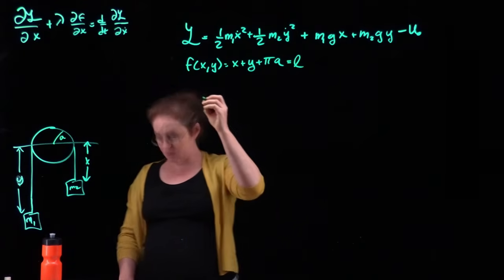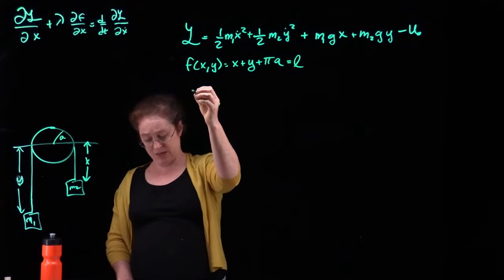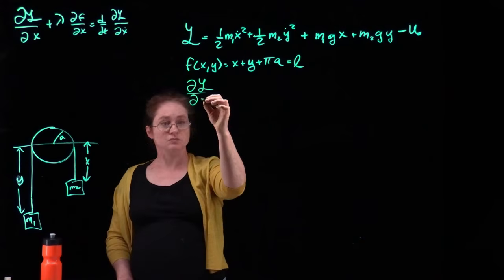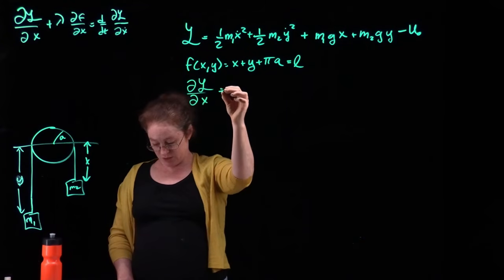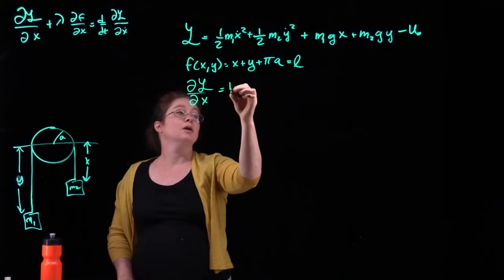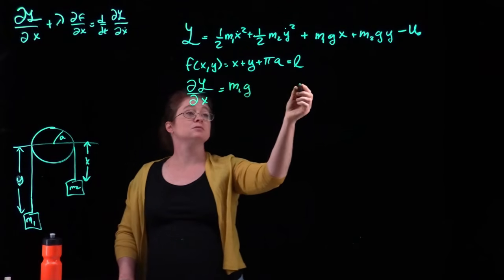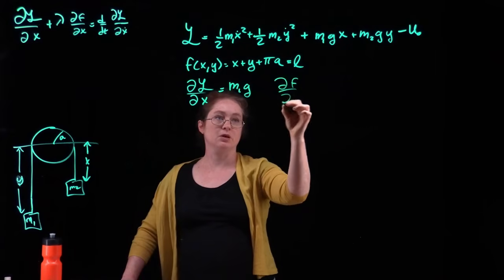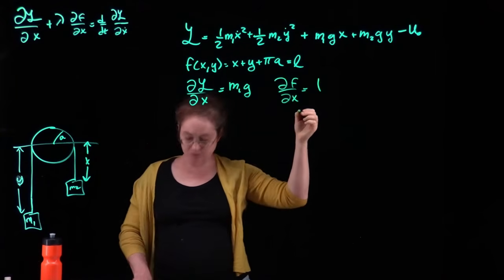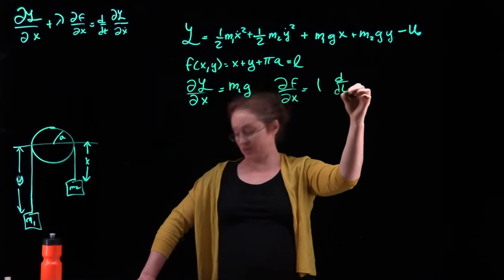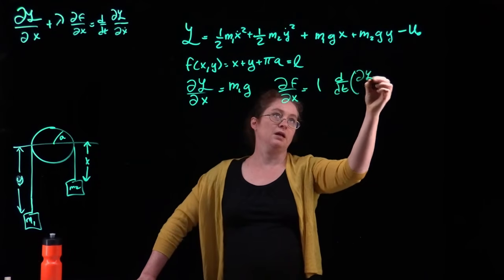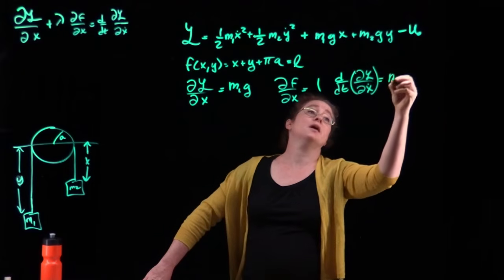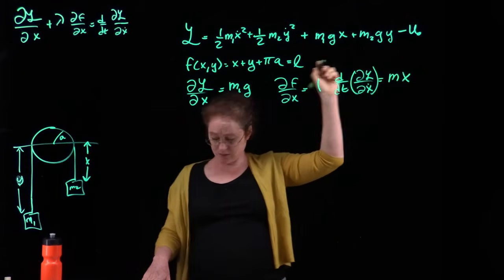All right, so then we will look at partial L partial x, which is m1 g, and then partial f partial x is equal to 1. d/dt of partial L partial x dot is going to give us m1 x double dot.